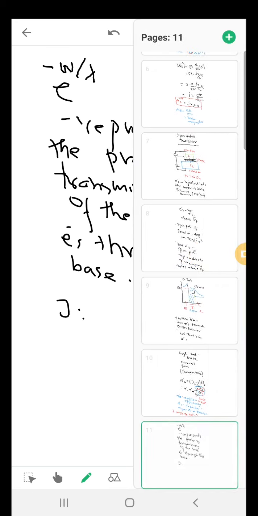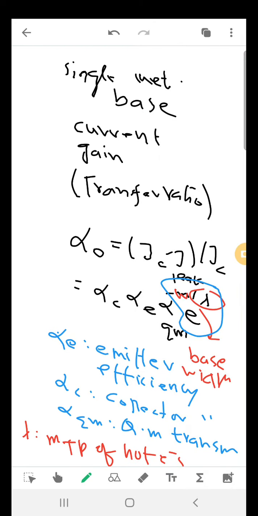J is the total collector current, and J leak is the collector leakage current, and JE is the injected emitter current.